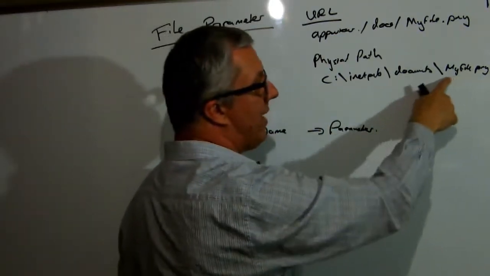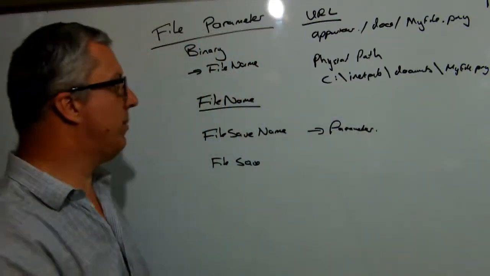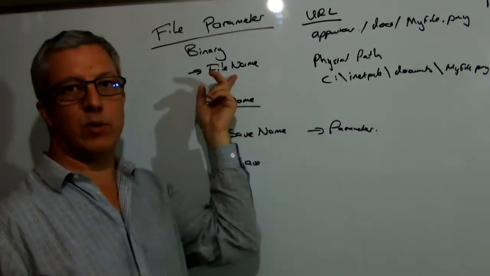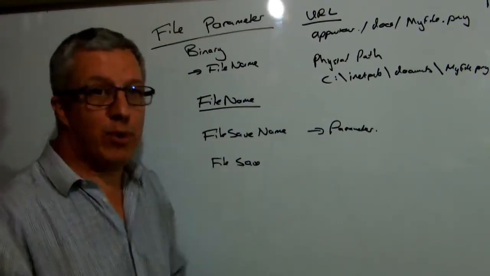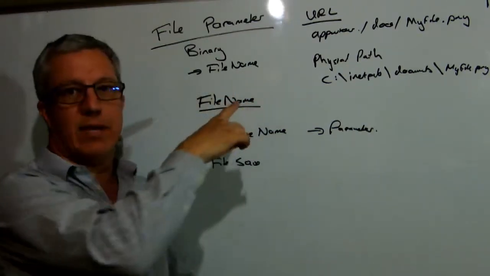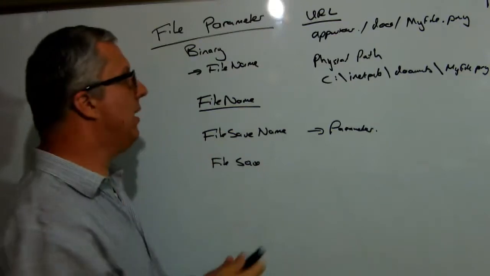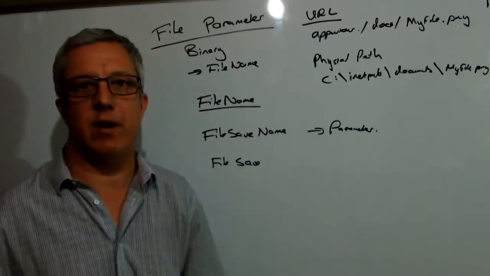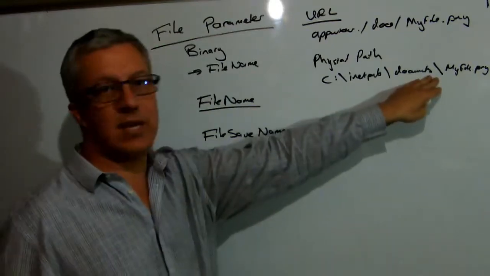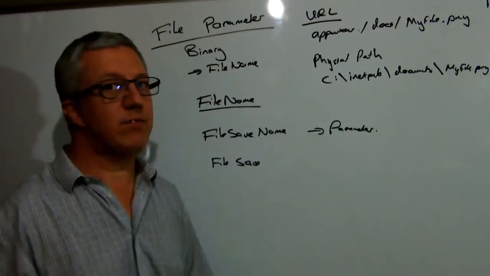Now this file name here doesn't have to be the same as the file name that was sent through to me. In general, that would not be preferable. You don't actually want to save it as that file name. The reason being, if I have a file that says my favorite picture and somebody else has a file that's my favorite picture, and I save it in the same folder, the last one saved is going to be the one that's there.